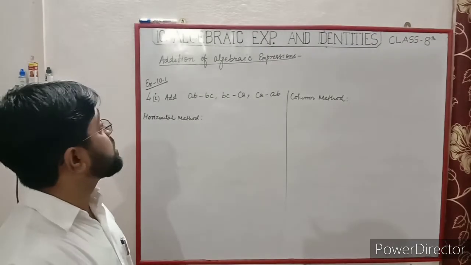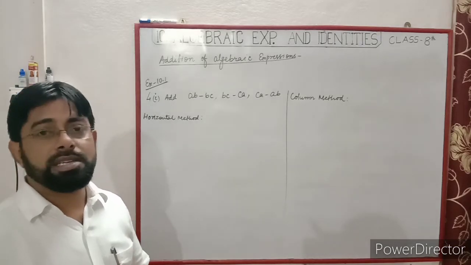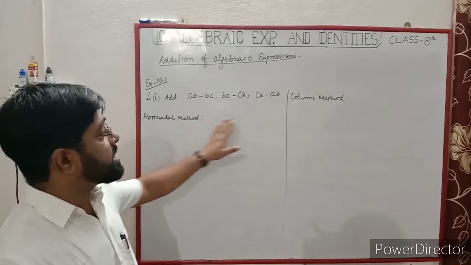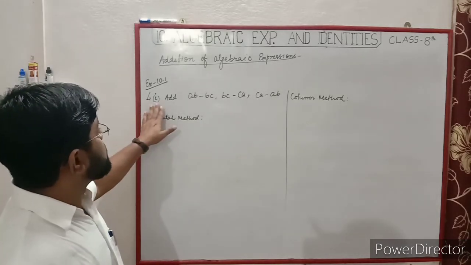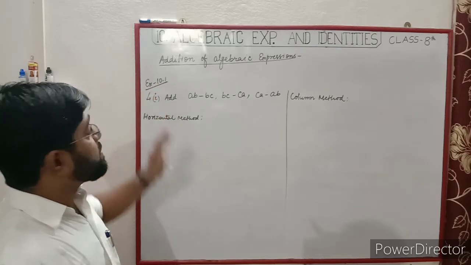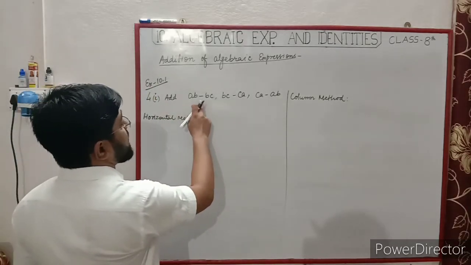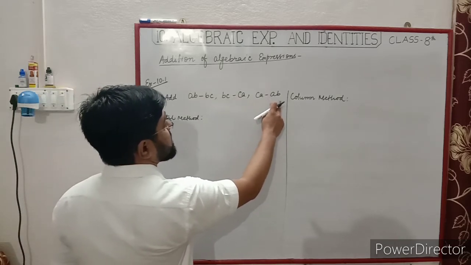Now addition of algebraic expressions. In addition of algebraic expressions we may use two methods. First the horizontal method, second the column method. So question number 4, first from exercise 10.1. Add AB minus BC, BC minus CA, CA minus AB.